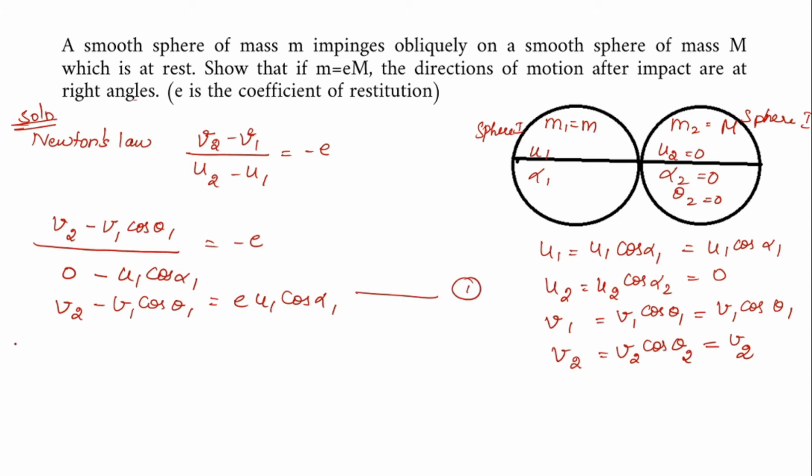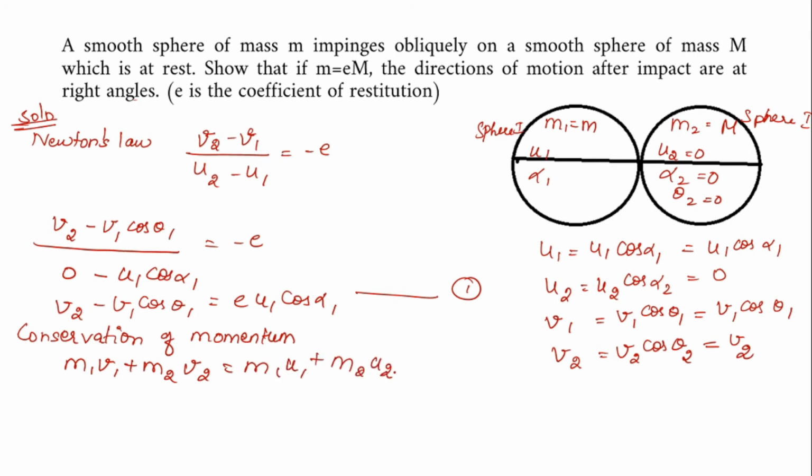Next we are going to use the conservation of momentum, which relates mass and velocity. So m1 v1 plus m2 v2 is equal to m1 u1 plus m2 u2. We substitute: m1 is small m and v1 is v1 cos theta 1, plus m2 is capital M and v2 is v2.